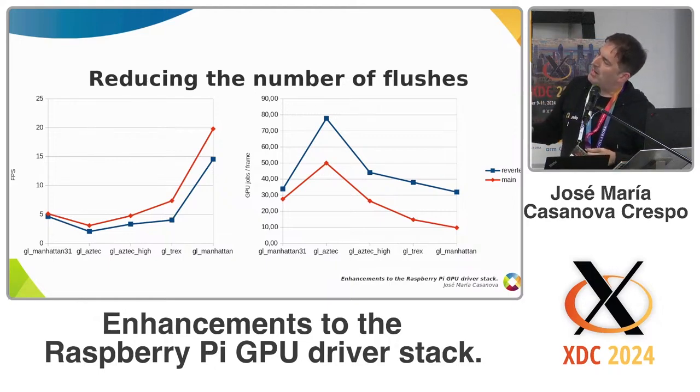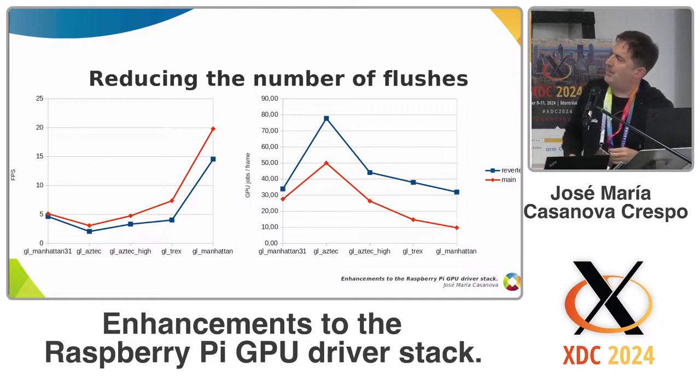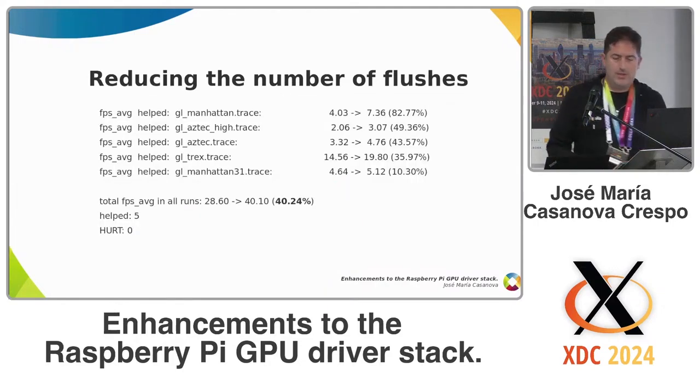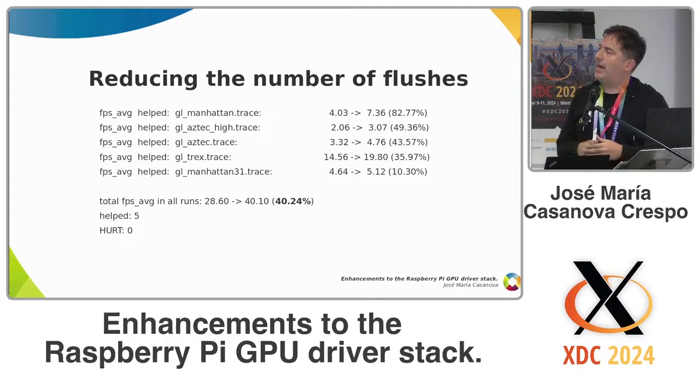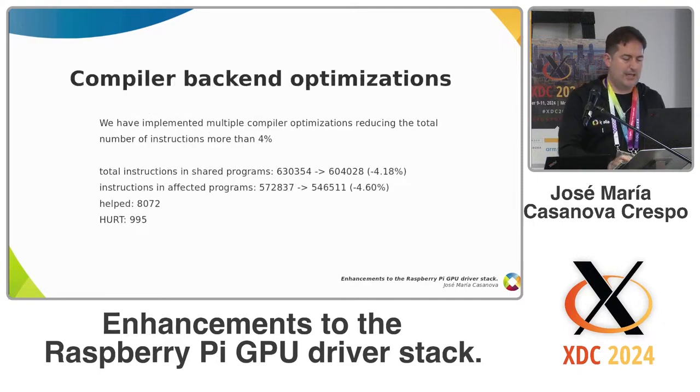So we can see, for example, the reduction on the Aztec demo, from 80 to 50, which is a 40% reduction of the total number of job submissions. And at the end, comparing with and without the commit, we can now see why we are improving the performance in these traces.